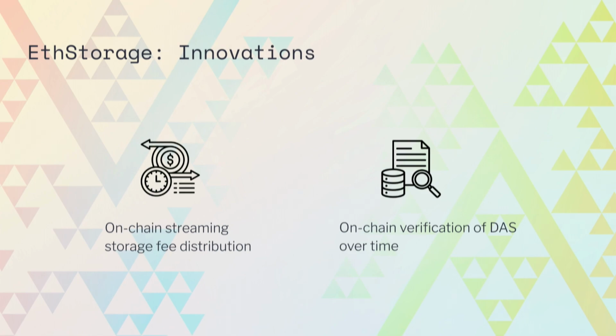And these algorithms are actually our next innovation, which is to be able to verify what we call data availability sampling over time with a very, very efficient verifier. This research is exactly the one that received support from the Ethereum Foundation.